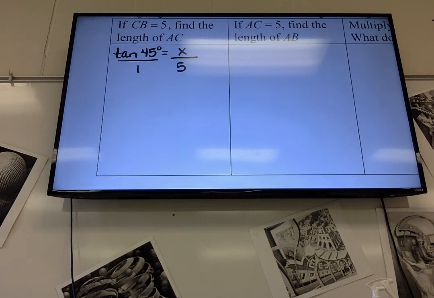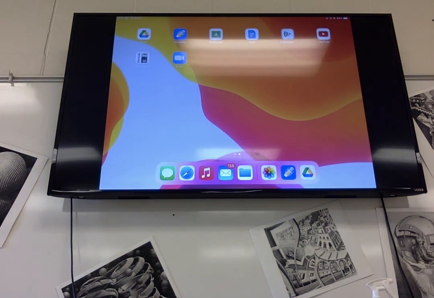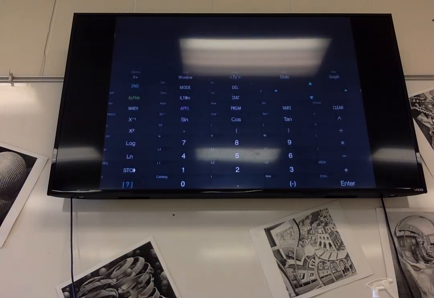So x times 1 is x. 5 times the tangent of 45 is 5 times the tangent of 45. Now your calculator is automatically going to be set up in radians. We need it to be in degrees. So if you will go to the mode button, which is right below the window button.